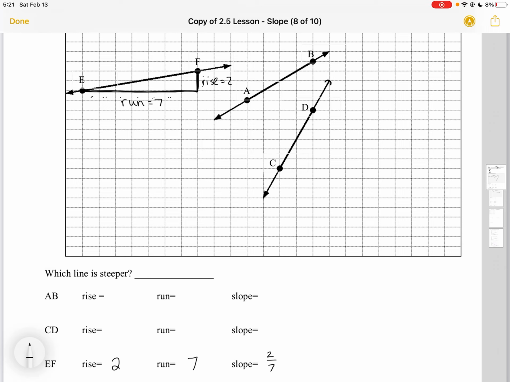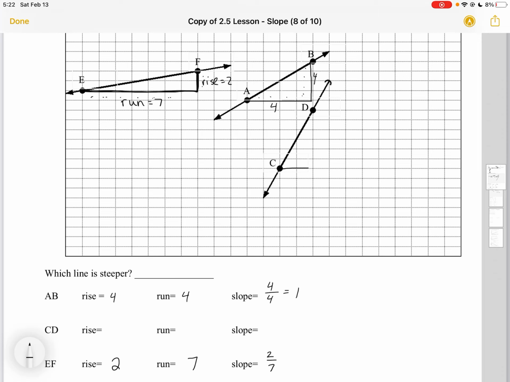Let's do the same thing for the other lines. So for AB, I'm going to draw the base across from A and then up to B, and then I'm going to count the squares. 1, 2, 3, 4 for my run. 1, 2, 3, 4 for my rise. So that means my slope is my rise over my run, which is just equal to 1.